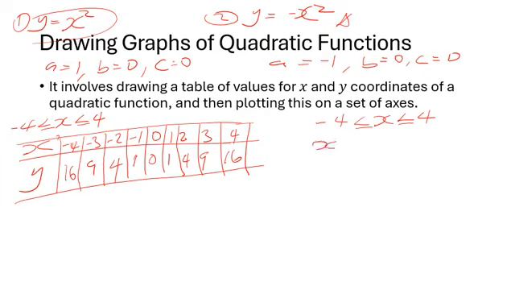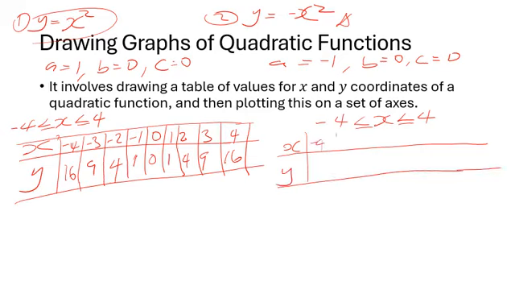So our x values and y. Okay, so we can say -4, -3, -2, -1, 0, 1, 2, 3, and 4.